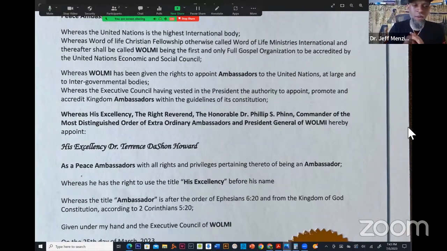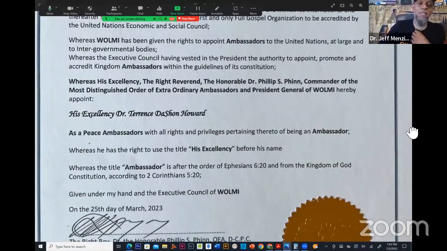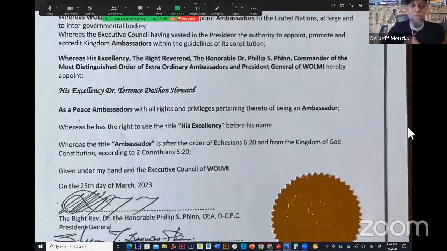whereas the Executive Council, having vested in the President the authority to appoint, promote, and accredit kingdom ambassadors within the guidelines of its constitution, whereas His Excellency, the Right Reverend, the Honorable Dr. Philip S. Finn, Commander of the Most Distinguished Order of Extraordinary Ambassadors and Presidential General of WOLMI, hereby appoint His Excellency, Dr. Terrence Deshaun Howard, as a peace ambassador with all rights and privileges pertaining thereto of being an ambassador, whereas he has the right to use the title His Excellency before his name.